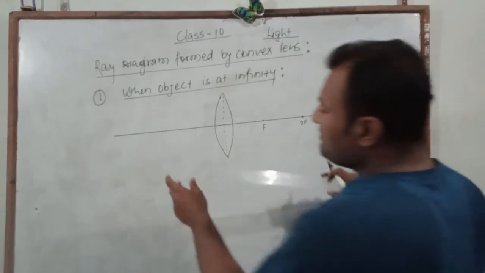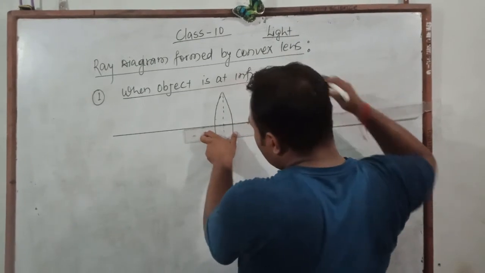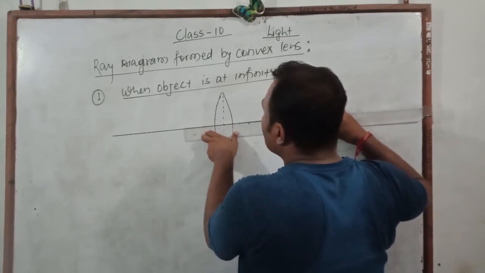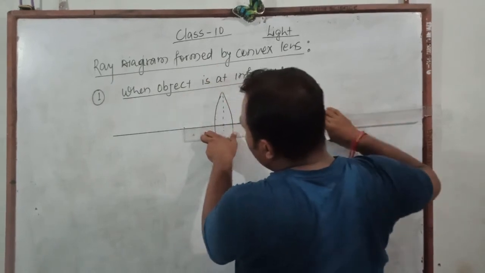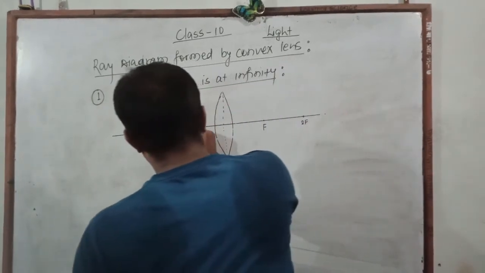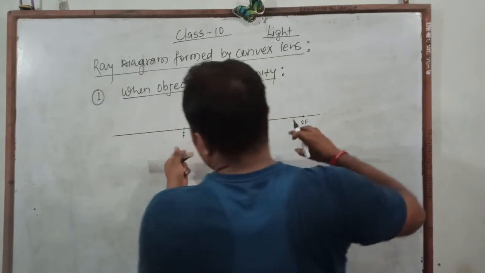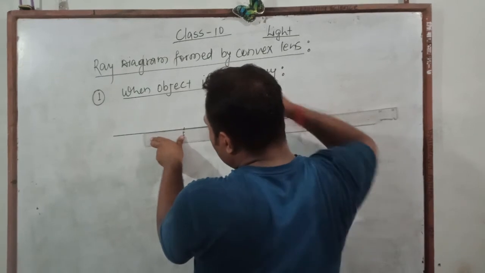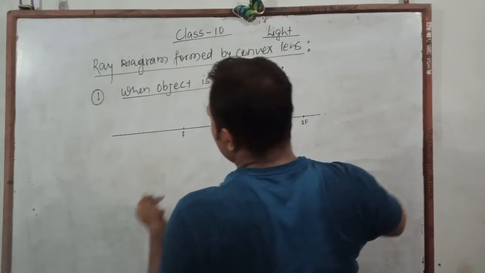On either side we measure the same distance, so here also the same distance on the left is called F. Similarly, 2 centimeter more, we measure 4 centimeter, which is known as 2F.